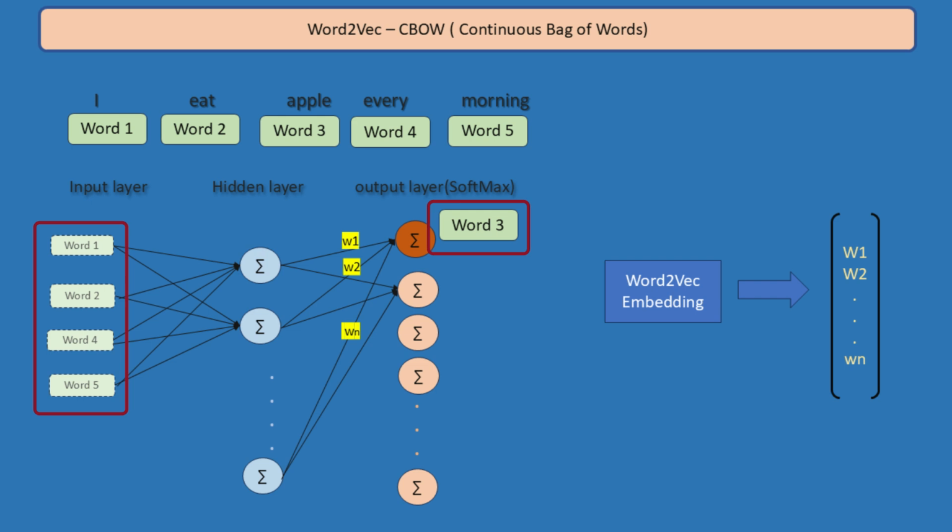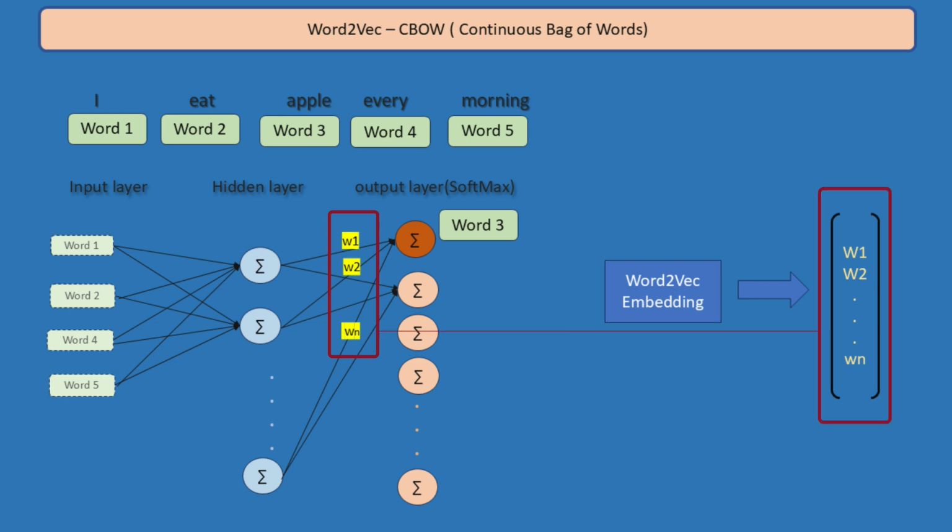Remember, when I say word 1, word 2, word 4 and word 5, it's not the actual word, it is its vector representation, the one we achieved in the tokenization phase, as you can see in my previous video. When we try to predict word 3, meaning apple, at the output layer, the weightages of the output layer make up our word embedding of apple.